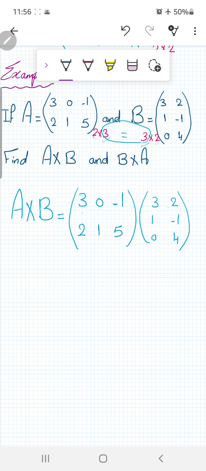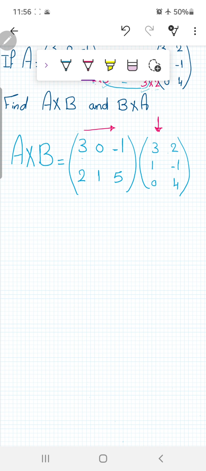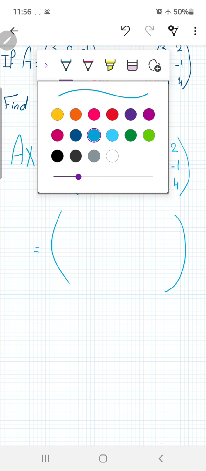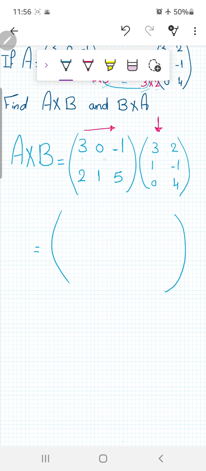Okay, to get the multiplication of two matrices, first write row in the first matrix and column in the second matrix, and write a big bracket. Okay, how to multiply? First we have the first row 3, 0, negative 1 multiplied by the first column and the second column.